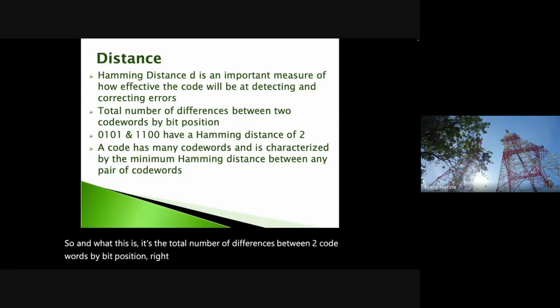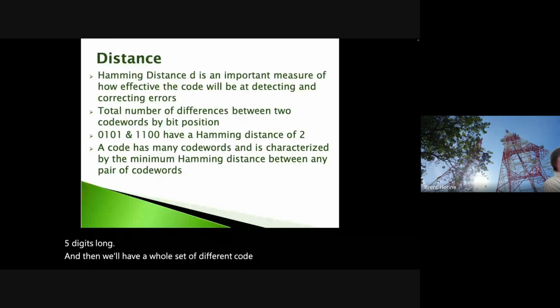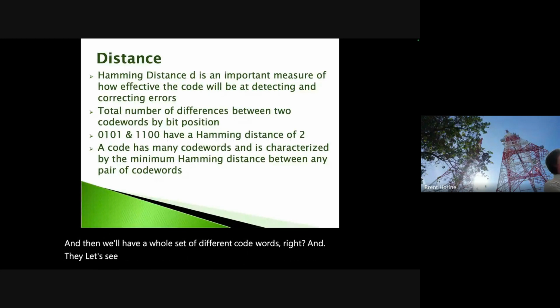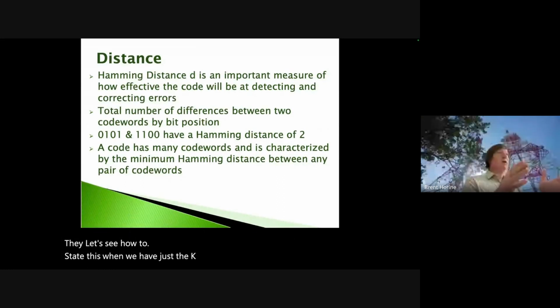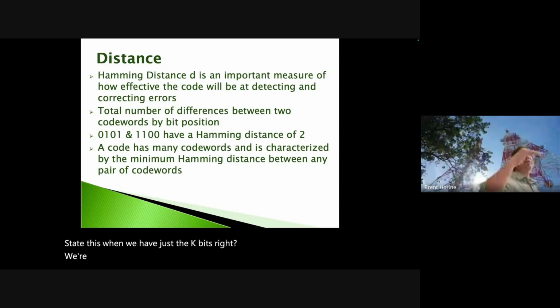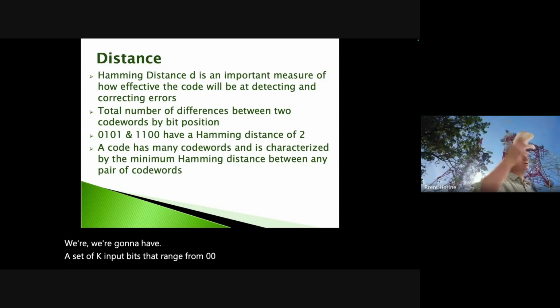So if we have a code word that's, let's say, 5 digits long, and then a whole set of different code words. When we have just the K input bits, we're going to have a set that ranges from 000, let's say, to 111, and all those values will be represented.